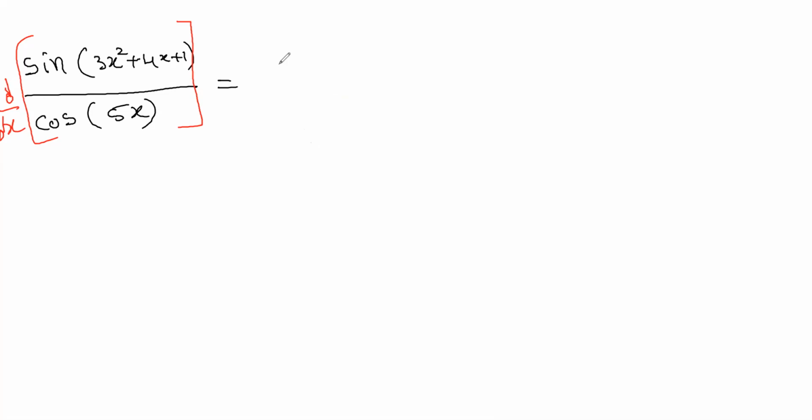So can I just substitute the whole 3x square plus 4x plus 1 as some theta? Yeah, because this total is one theta. Then it becomes differentiation of sine theta. Then you have to come inside and you have to take this one.